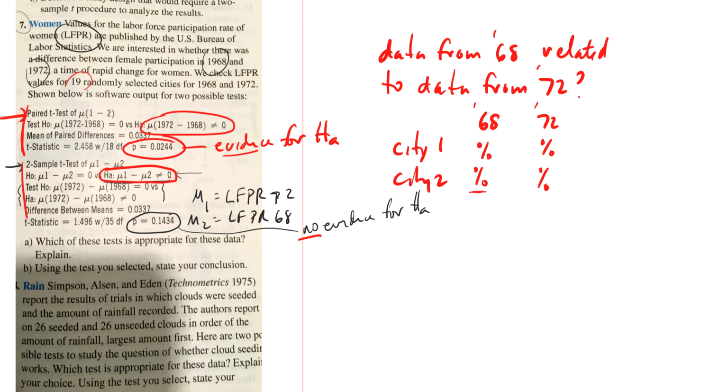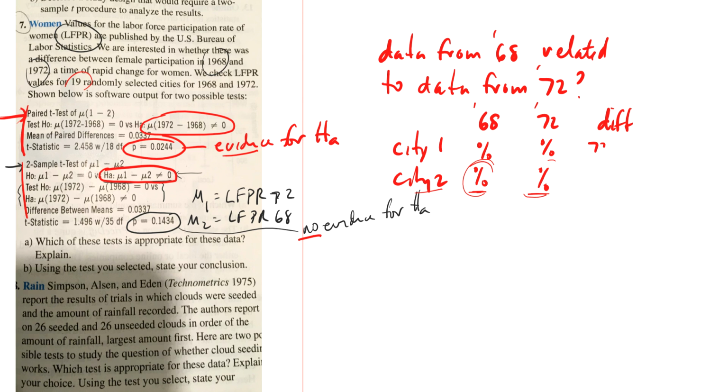Would you expect these two to be related to each other? They're in the same city. I think it's reasonable to say yes, because if in one city you have a higher percent of women working in 68, you're probably going to have a higher percent in 72, and vice versa: lower in 68, lower in 72. So it is a reasonable argument to say, let's look at the differences.